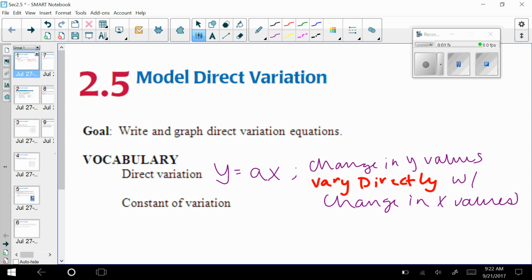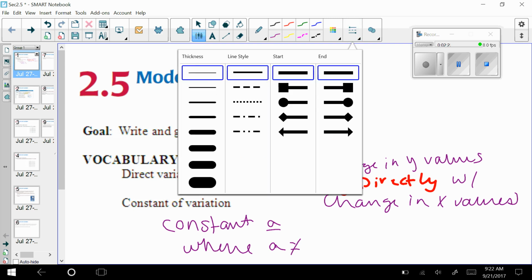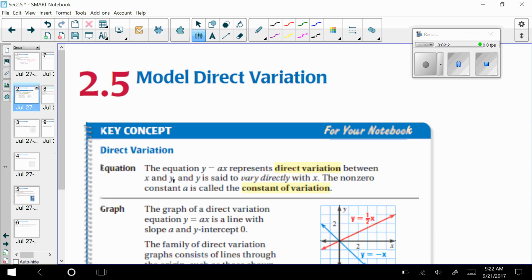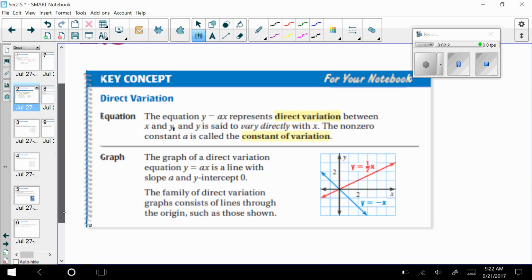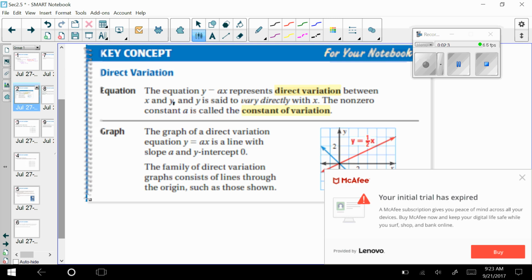And with our direct variation model, y equals a times x, our constant of variation is a, but a cannot equal 0. On your guided note sheets, you'll see this key concept, which is just the definitions that we discussed on the previous slide.